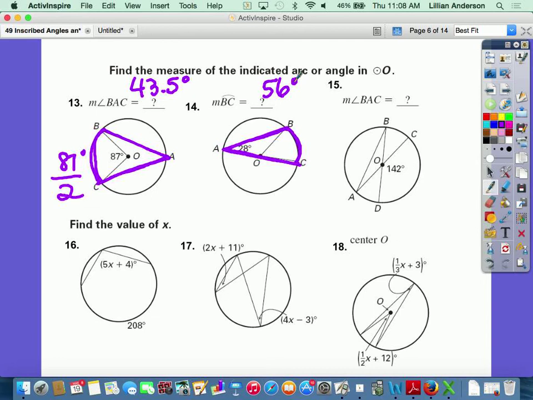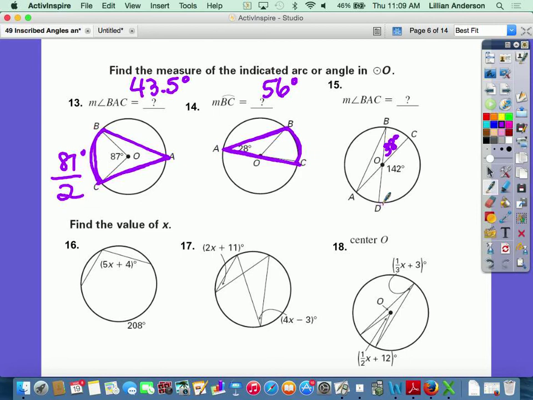Okay, over here, this 142 represents an angle. What angle is 142? The central angle of DOC. So if this angle is 142, I also know what? It's the diameter, so BC is 38, because DB is a diameter, and a diameter cuts the circle in half.